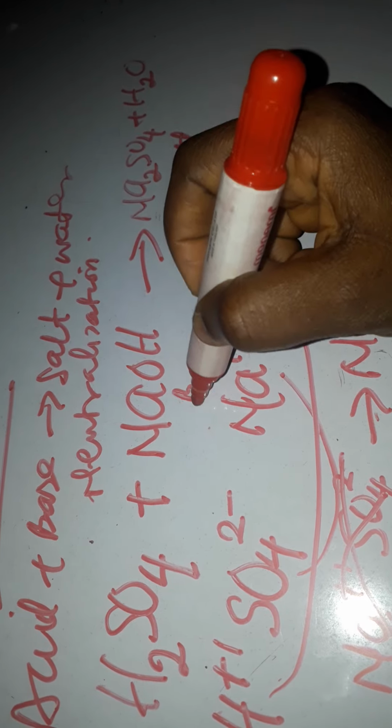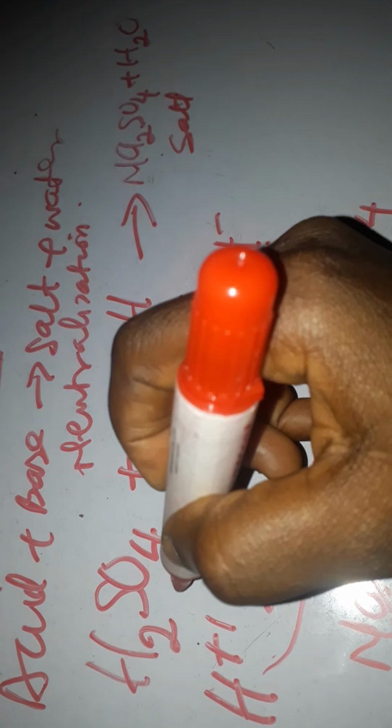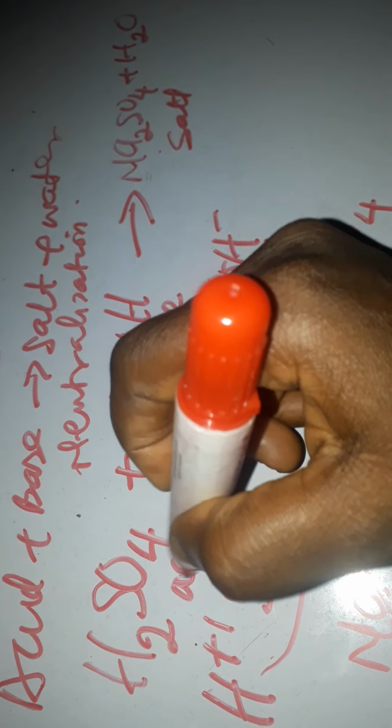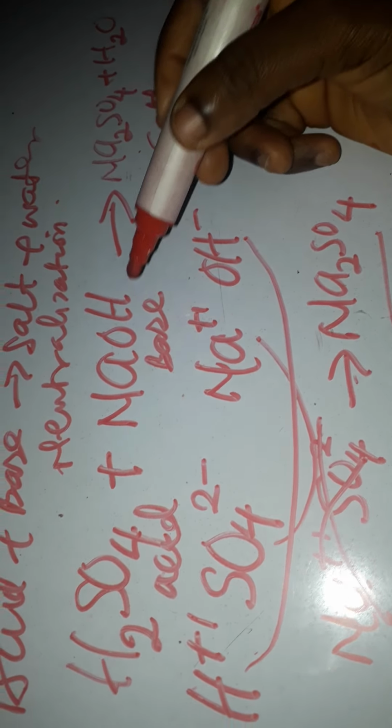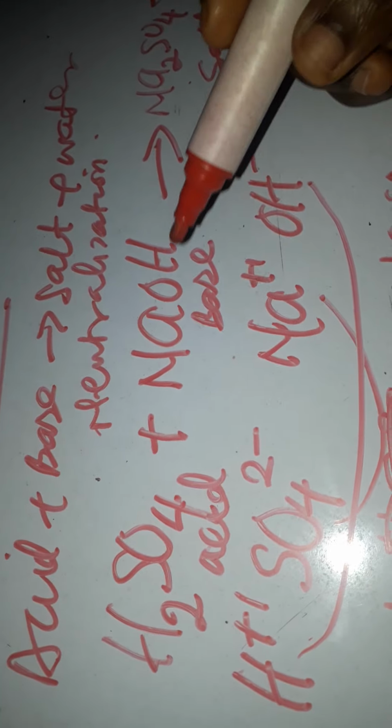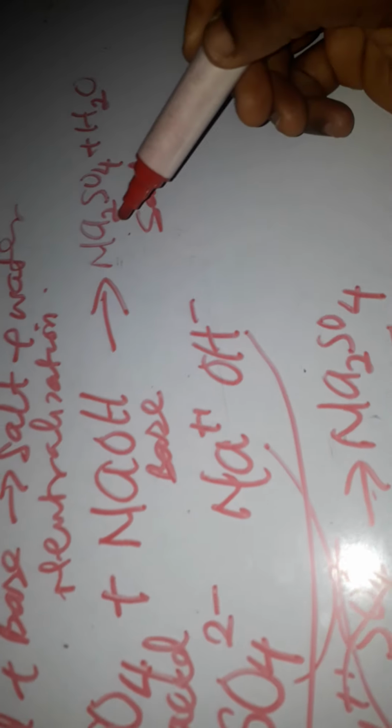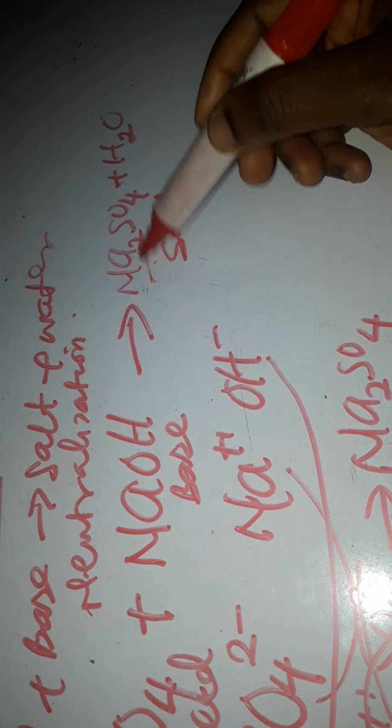This is the base. We describe a base as a metallic oxide or hydroxide, and this is the acid. This is an alkali, which is a base. If you take a close look, you will notice that we have two atoms of hydrogen here, and the two hydrogens have been replaced completely with a metal.